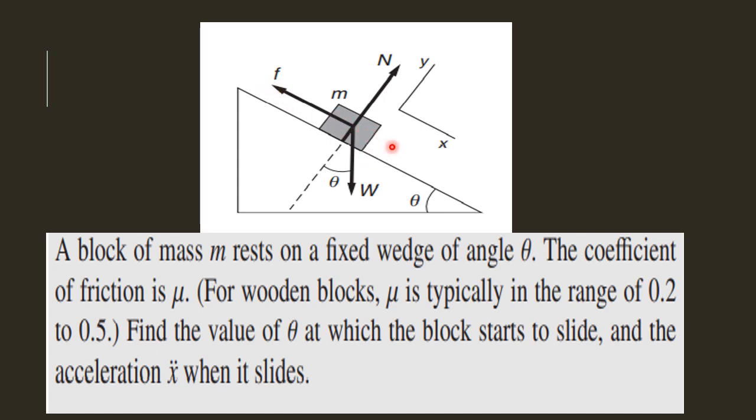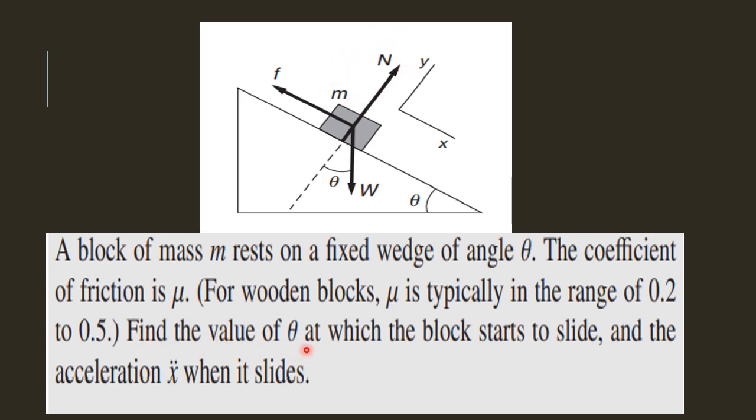The mass begins to slide in this direction, which is the x direction, and this is the y direction where normal reaction, which is perpendicular to the contact surface, is acting.